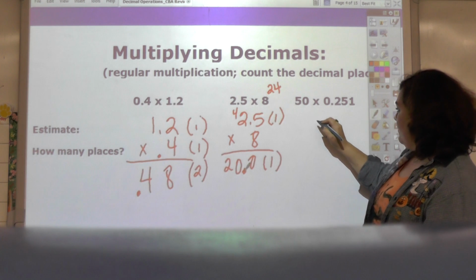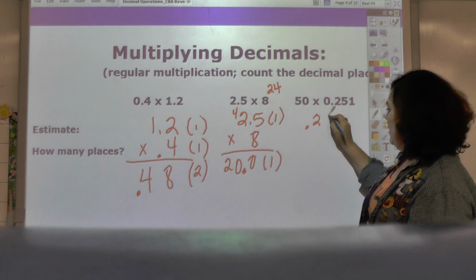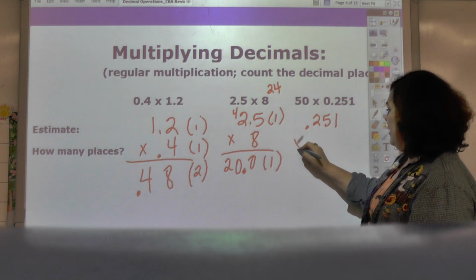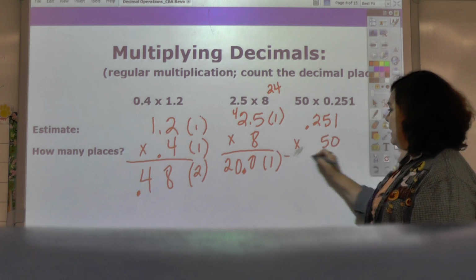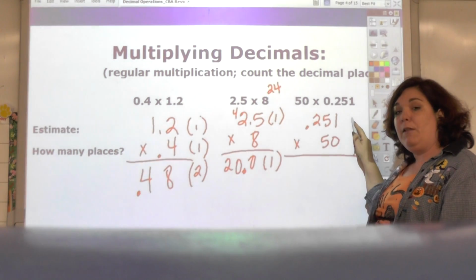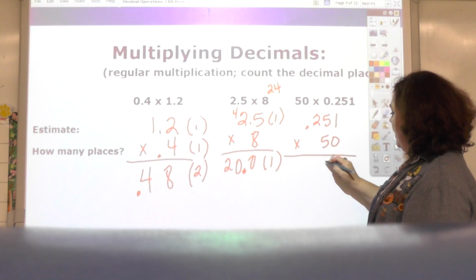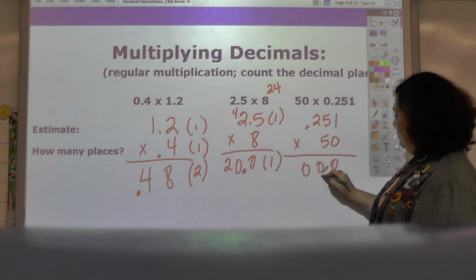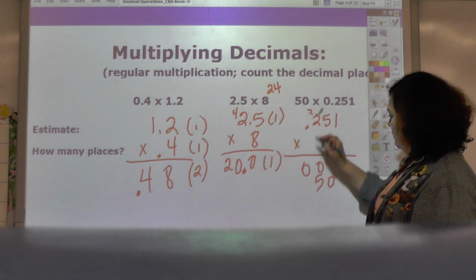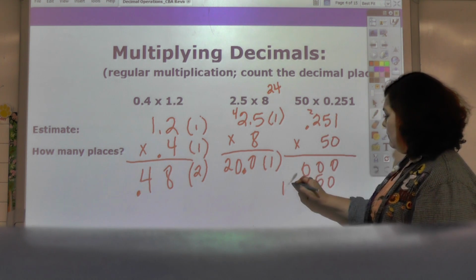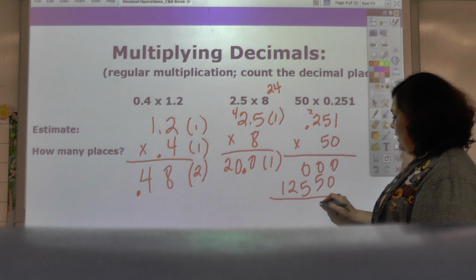And then if I have 251 thousandths times 50, I'm going to set it up like that. Even though this is a smaller number, it has more decimal places. And then I'm going to multiply like normal. And then add it up.